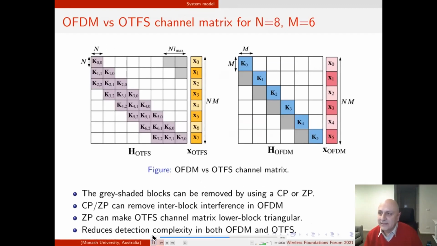Now, as you can see, in the case of OFDM, the operations can be performed on blocks M by M, while in the case of OTFS, we can operate on blocks N by N. The addition of a CP or a ZP in general enables us to remove interblock interference in OFDM. In OTFS, it has the advantage of making this matrix lower triangular and simplifying the detection.